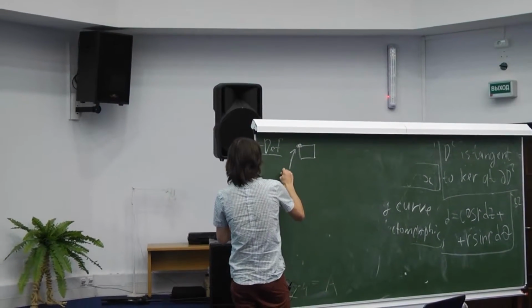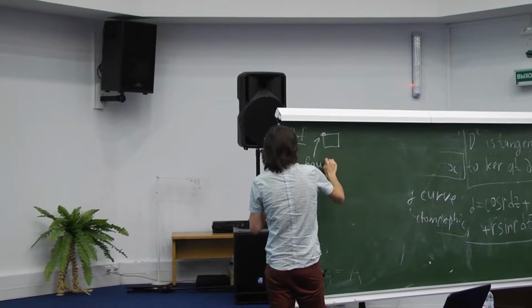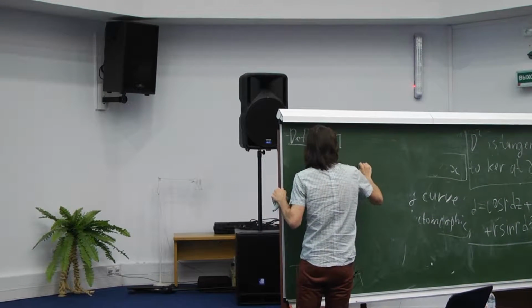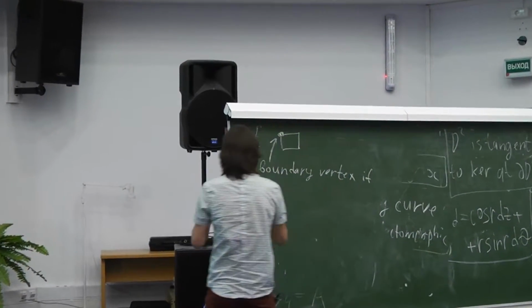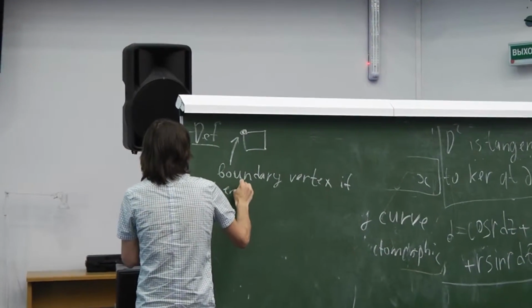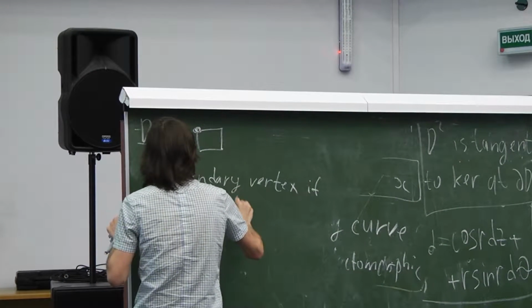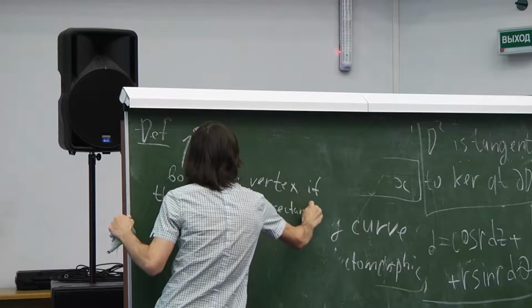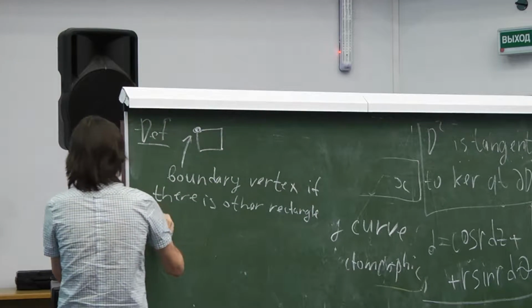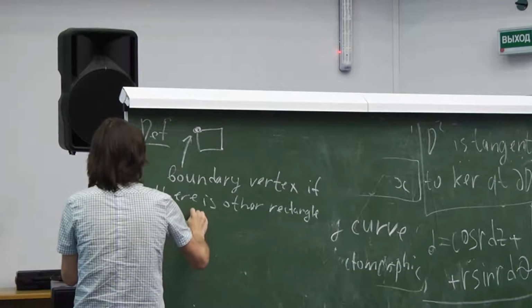This vertex is a boundary vertex if there is no other rectangle containing this vertex.